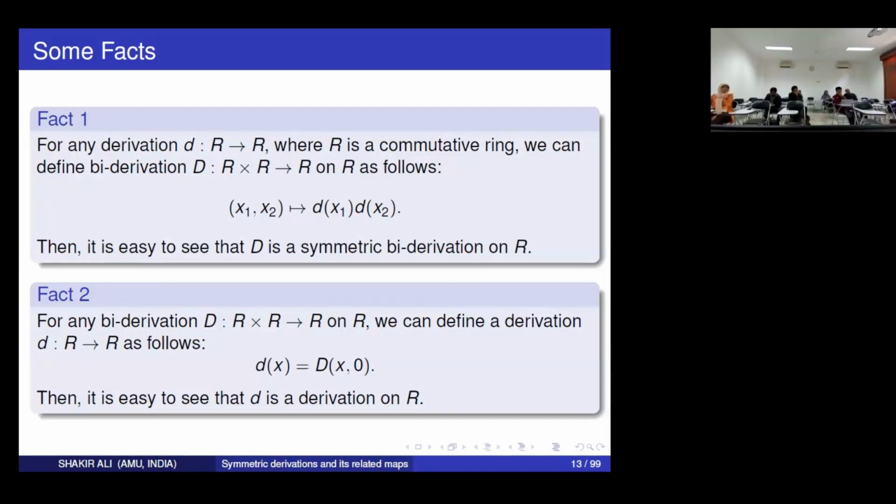So I try to make the second argument 0. Okay, and then it looks like a derivation, because we reduce it by making the second argument 0. Okay, and then it is a derivation.